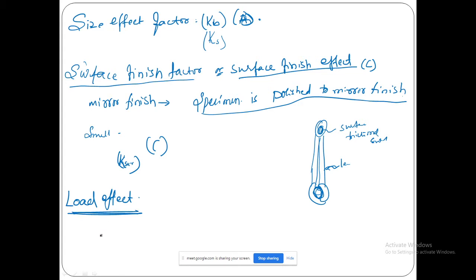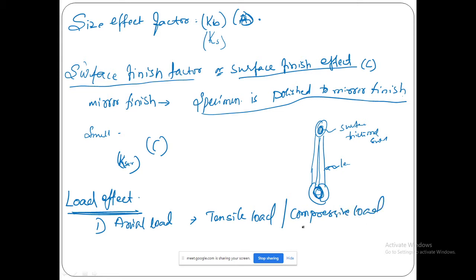The possibilities of loads are these. First, axial load: the component may be subjected to a fluctuating tensile load, a fluctuating compressive load, or a reversed load.